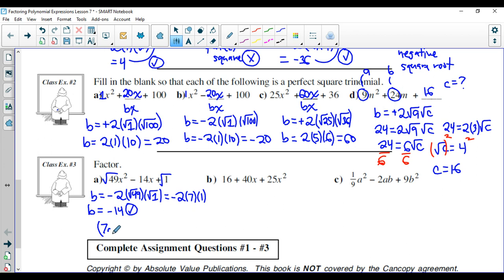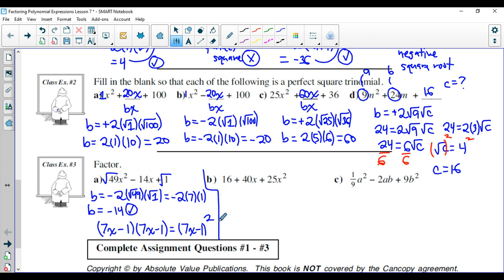And then we're going to write down an x here. Now, this is a difference, so we're going to put this negative sign here. And then the second term is just the square root of the last one. So the square root of 1 is just going to be 1. And then we write that down twice. So it'd be 7x minus 1, 7x minus 1. And if we want to write that as repeated multiplication, it'd be 7x minus 1 all squared.